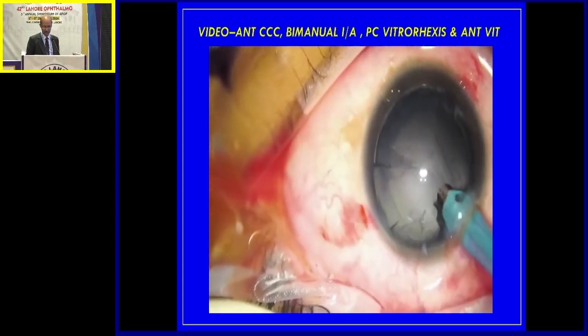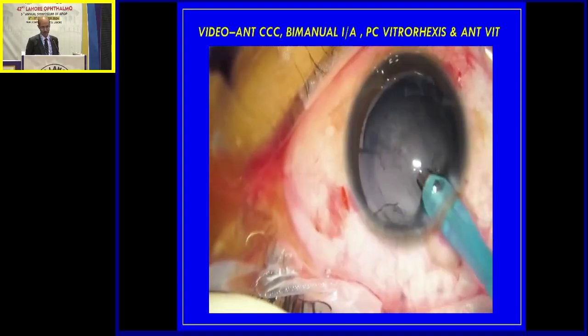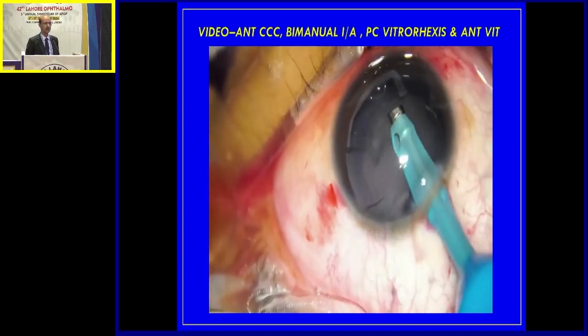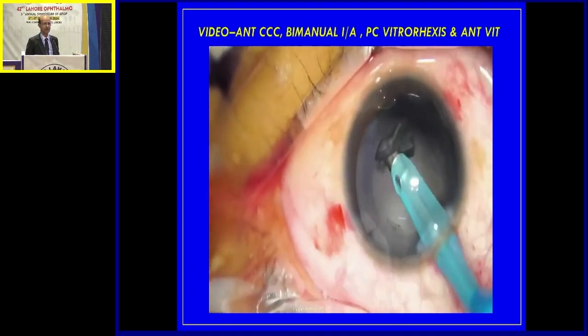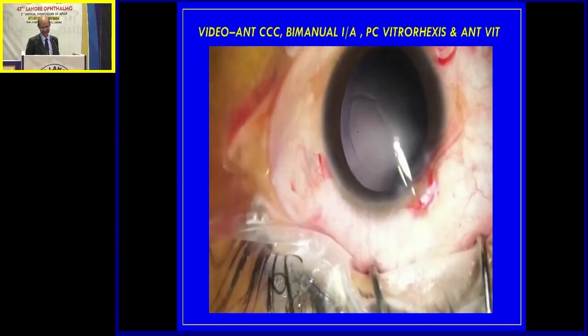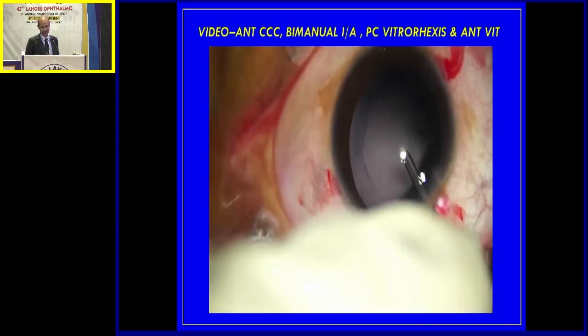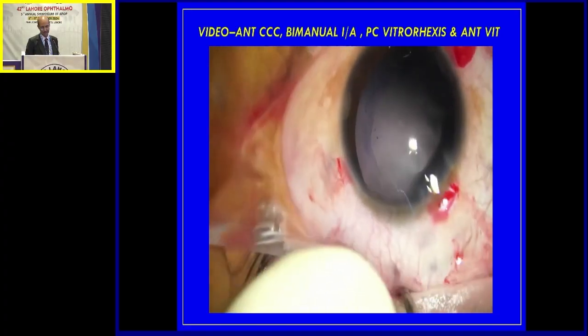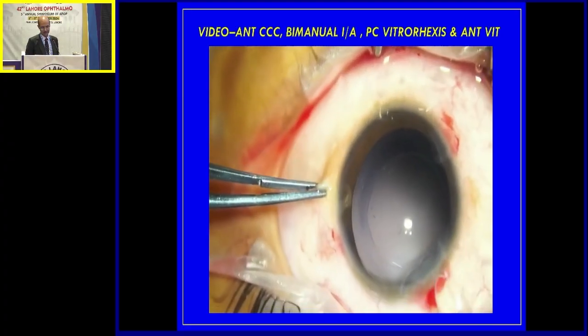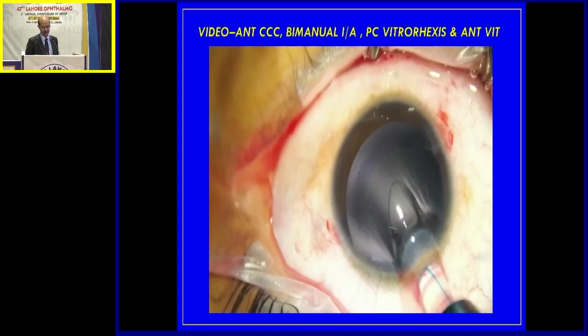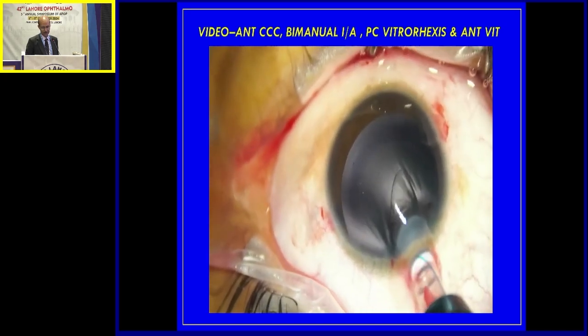You can use Simcoe as well if there is a risk. If there is a tear in the capsule, you have to do the posterior capsulotomy anyway. Therefore you can use this technique. Multipiece IOL implantation in this case.